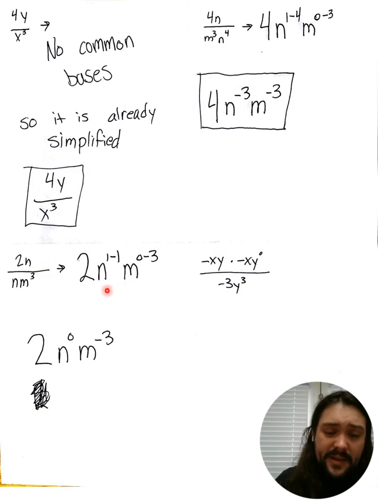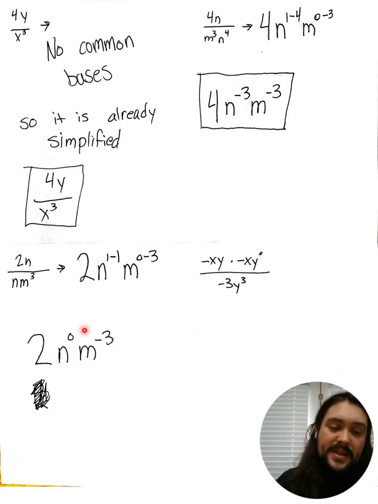We have an n, so 1 n on the top, 1 n on the bottom, so 1 minus 1. And then we have, let's see, m. There's 0 m's on the top again, but 3 m's on the bottom, so it's going to be 0 minus 3. If I reduce that, it gets to 2 n to the 0, m to the negative 3.